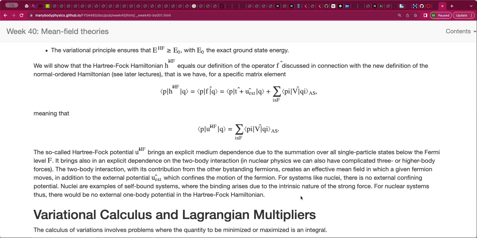People have actually run experiments where they've looked at the confinement due to even the gravitational force. And there was a very nice experiment which was done in the beginning of the millennium. I think this was done in France, where they actually studied neutrons confined by the gravitational force. And that's another type of many-body problem.